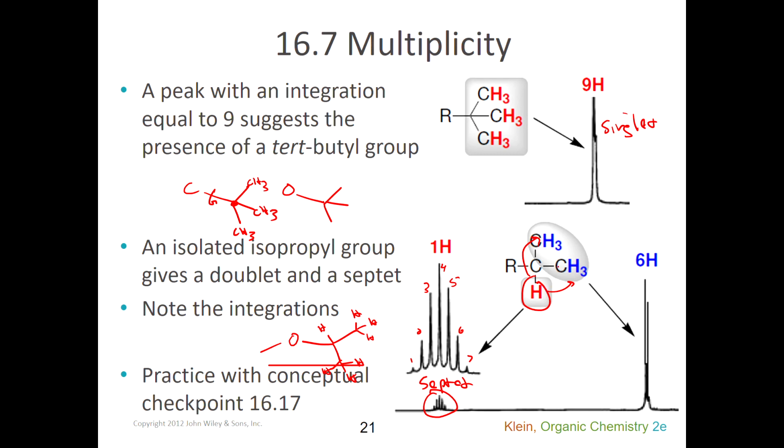As we said, if they're splitting one another, they have to do so with the same coupling constant. So an isopropyl group will give you 2 signals for the 2 different types of hydrogens. One will be split a lot by the other 6, and one will be split only once by the other 1, and their integrations will be a ratio of 1 to 6. So that's a lot of data confirming the isopropyl situation there.